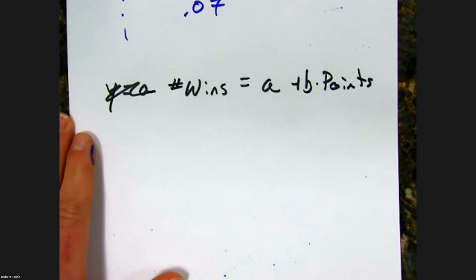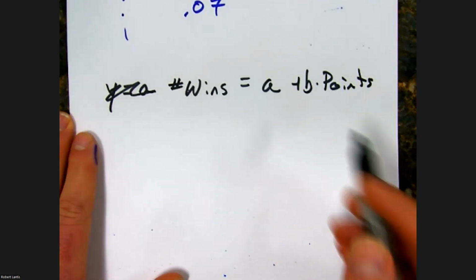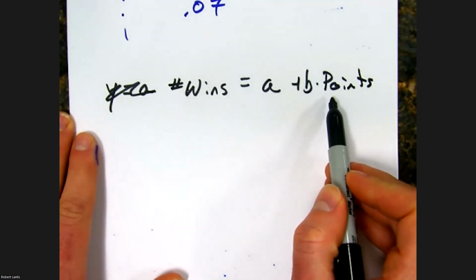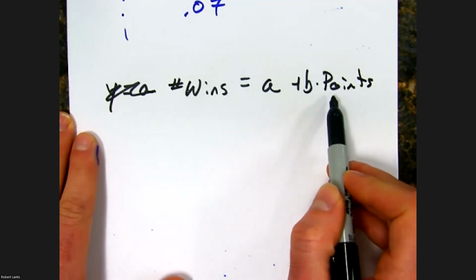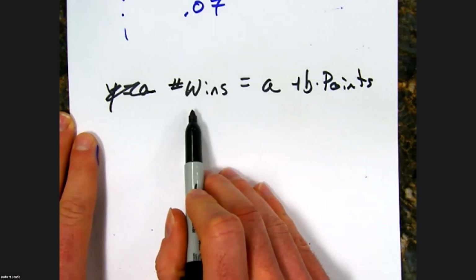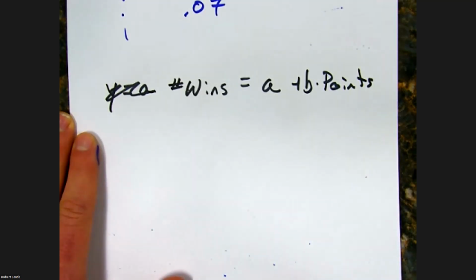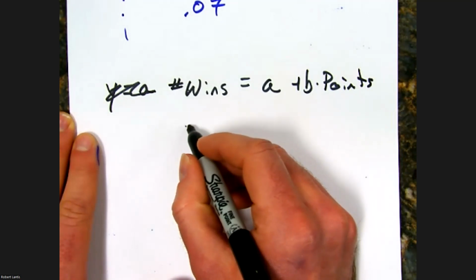So maybe I'm saying, if the points scored by my top player goes up by 1 per game, what's the increase in the expected number of wins? This is a toy example here. So I run this regression.